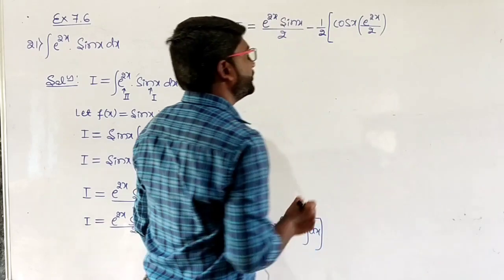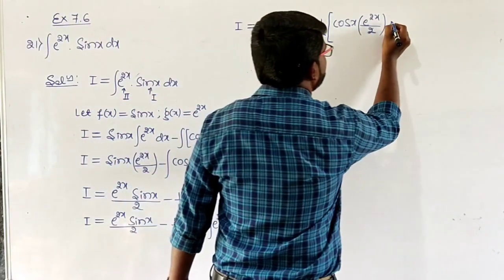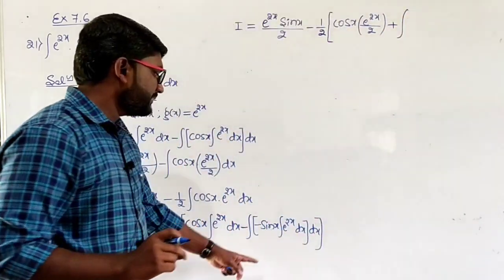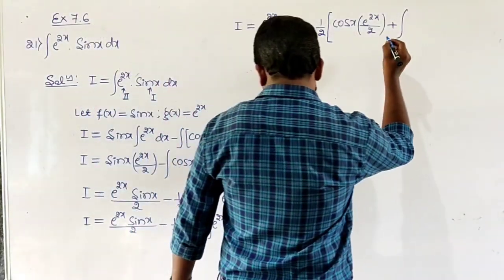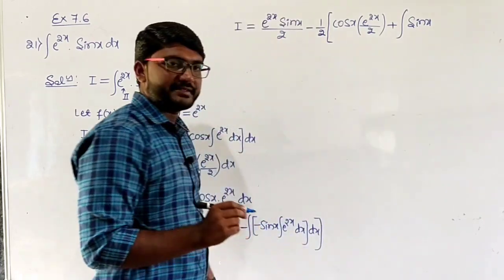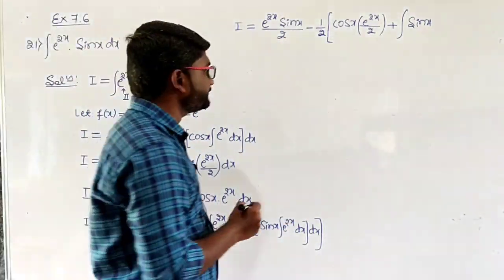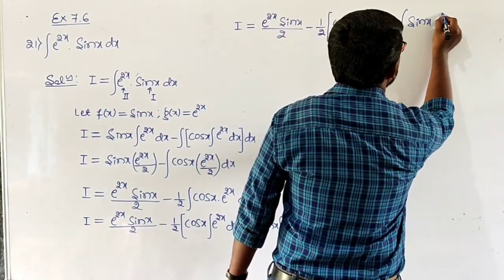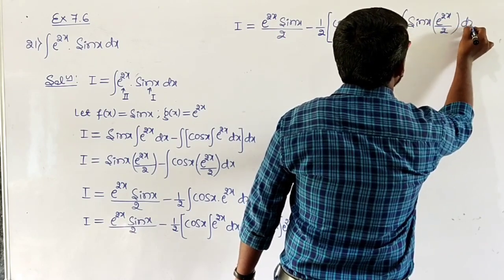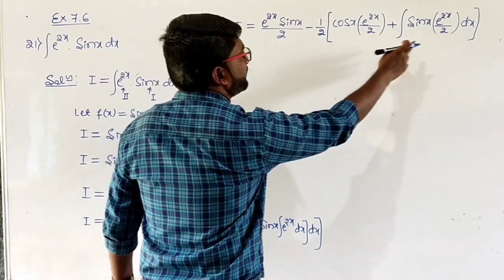Then minus into minus becomes plus, plus the integral of sin x as it is, then the integration of e raised to 2x, which is e raised to 2x by 2, dx, and close the main bracket.